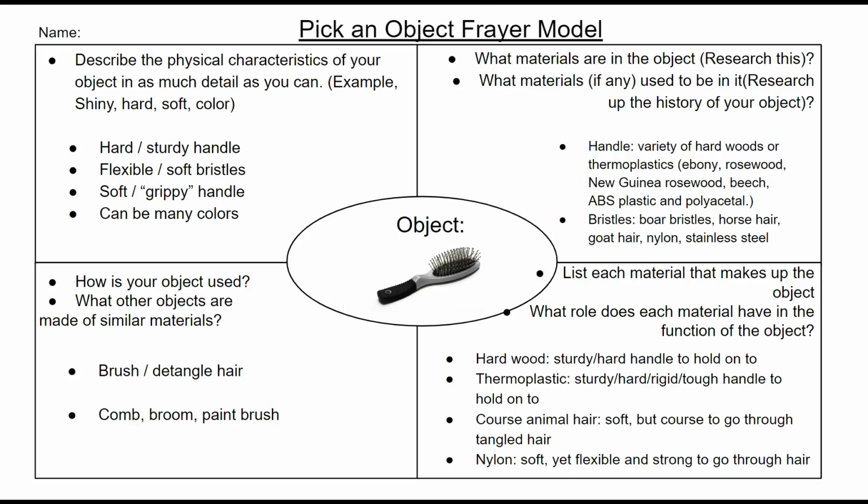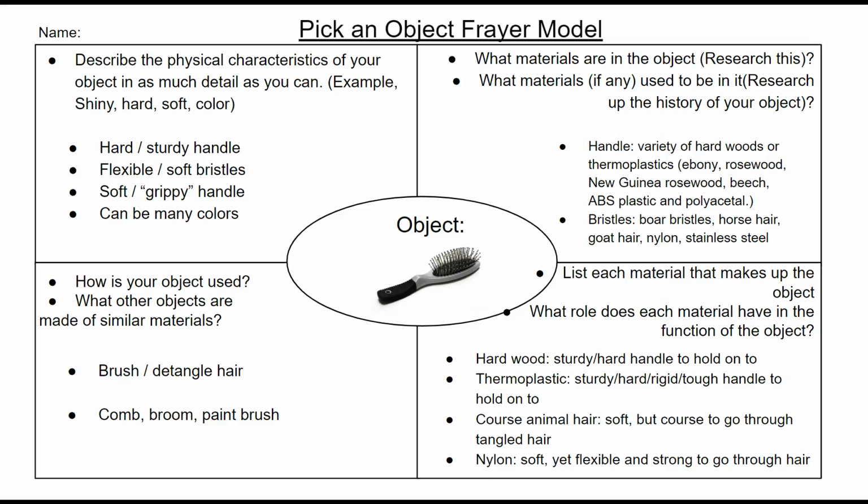So here was what I wrote down: those hardwoods, like ebony, rosewood, etc., are sturdy. They create a sturdy, hard handle that is easy to hold on to. The thermoplastics like ABS plastic and polyacetal are sturdy, hard, rigid, tough, and they create a handle that's easy to hold on to. The coarse animal hair options, the boar bristles, horsehair, etc., are soft, but they're sturdy and strong enough and coarse enough that they're able to get through our tangled hair.